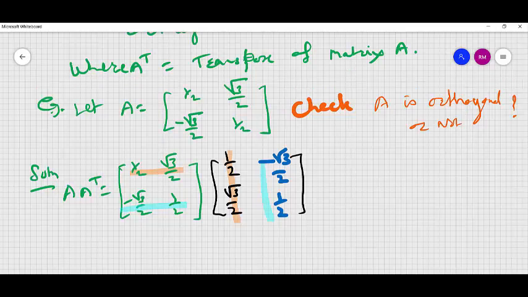If we take the product of this, 1 by 2 into 1 by 2 plus root 3 by 2 into root 3 by 2, it will be 1 by 4 plus 3 by 4, root 3 into root 3, 3, 2 into 2, 4. So this is about first entry. Second entry is 1 by 2 into minus root 3 by 2, so it will become minus root 3 upon 4.